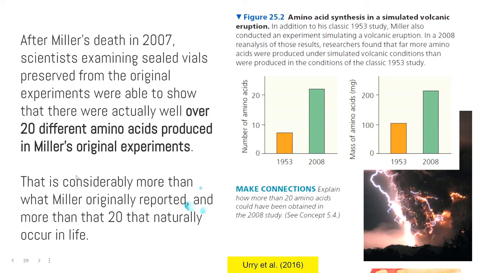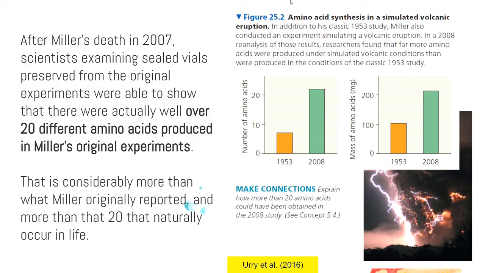That is considerably more than what Miller originally reported in 1952, and more than the 20 that naturally occur in life. So the Miller-Urey experiment was able to recreate the conditions of the primitive Earth as well as the chemical processes to create the building blocks of life.